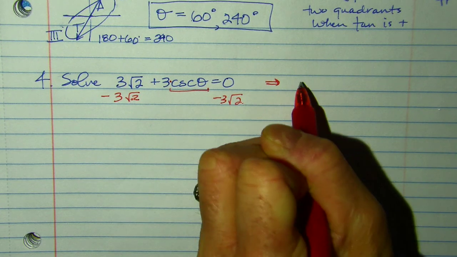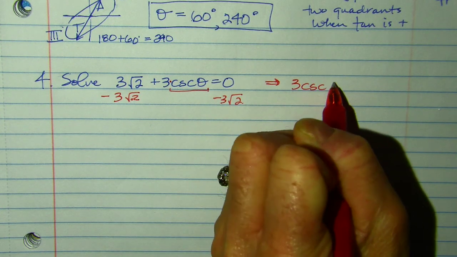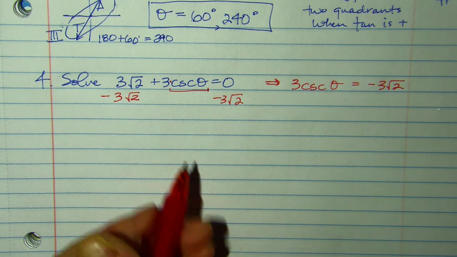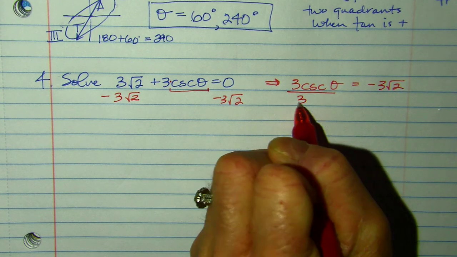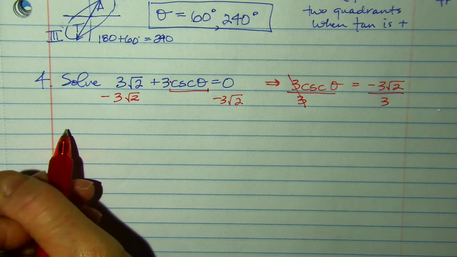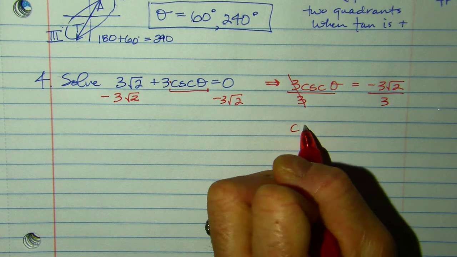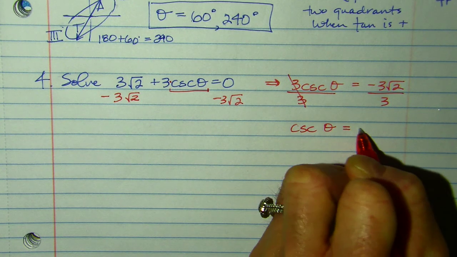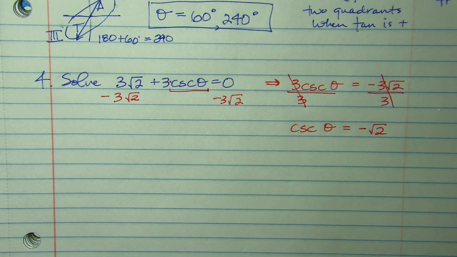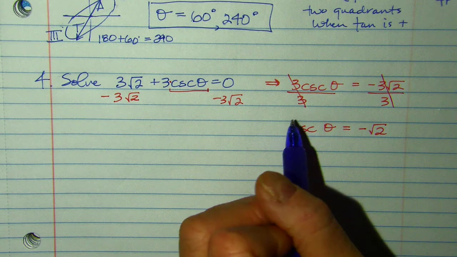And that produces 3 cosecant theta equals negative 3 root 2. Then I'd have to divide by 3. And so I'm solving for the cosecant of theta equals negative root 2, because these cancel. This is what I'm actually solving for.